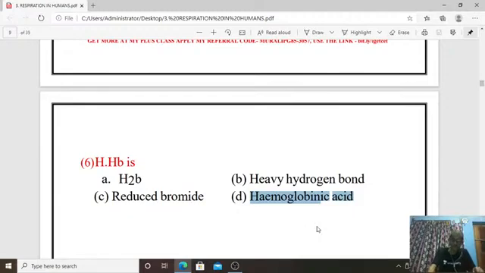There, H2CO3, carbonic acid, is dissociated into H plus and HCO3 minus, the bicarbonate ion. That H plus ion combines with the hemoglobin to form hemoglobinic acid. So the answer for question number 6 is hemoglobinic acid. HB refers to hemoglobin, HHB refers to hemoglobinic acid. So the answer is D for question number 6.